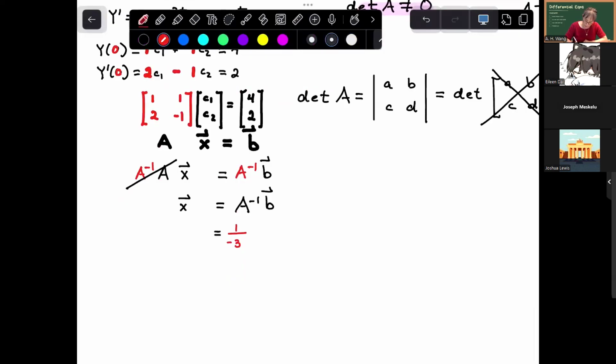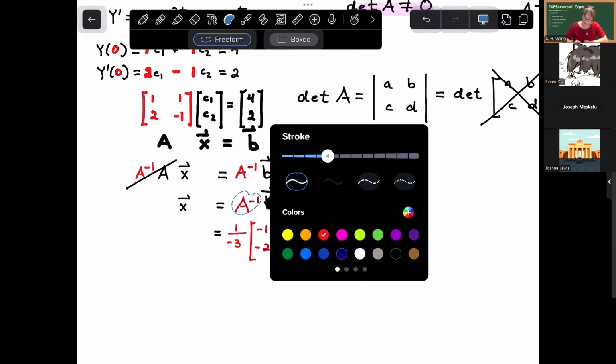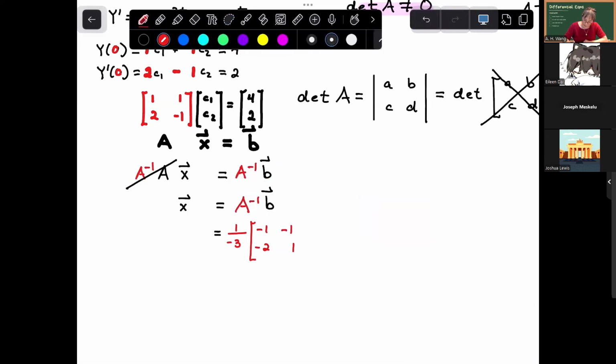And then what you do to write the A inverse is you flip the main diagonal. So take these two, flip them, and then copy down the 1 and the 2, but they have negatives in front of them. This is the formula for A inverse. You write this out and copy down the B like this.